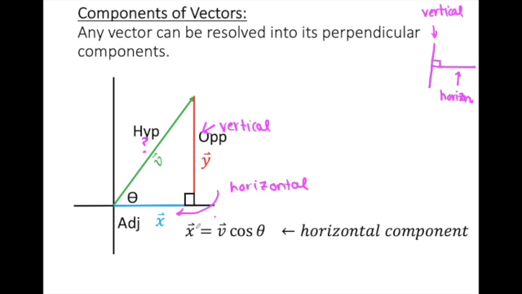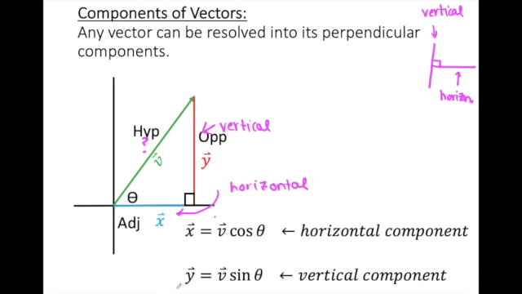To find that side, you take your adjacent, because that's the side that it's labeled, and use your hypotenuse. Adjacent and hypotenuse is cosine. Then you take the cosine of your angle, whatever your angle is, and multiply it by this vector. Again, this will make more sense when we do examples.